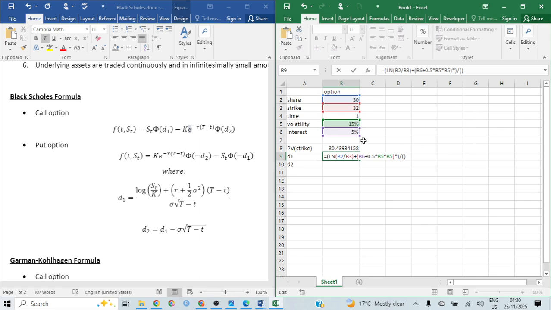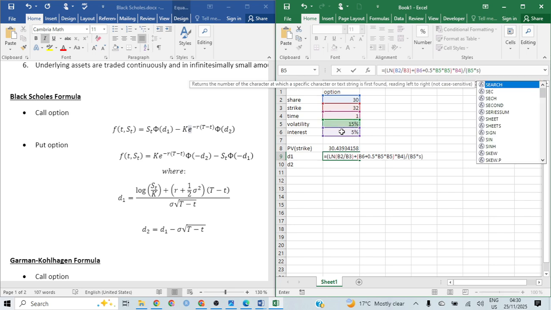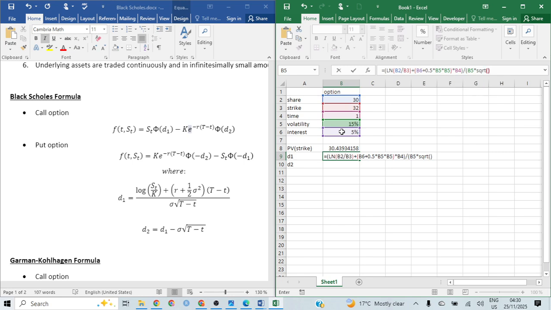Time in our case is 1 year. Then for the denominator, we have volatility multiplied by the square root of time, and time in our case is 1, and that is the value of D1.